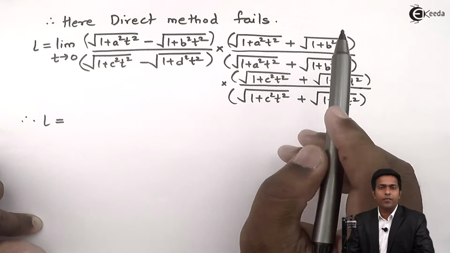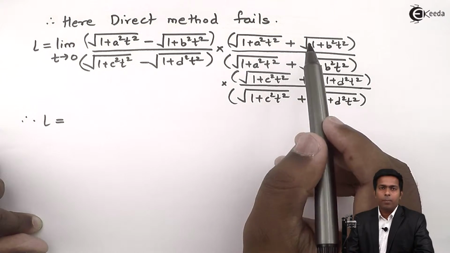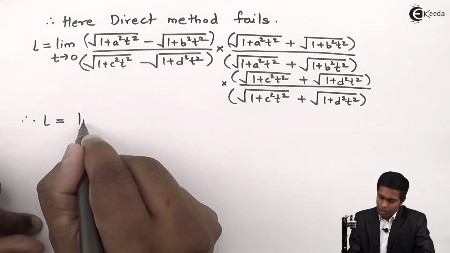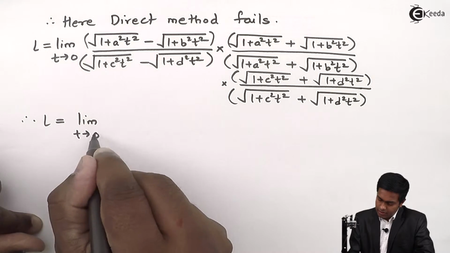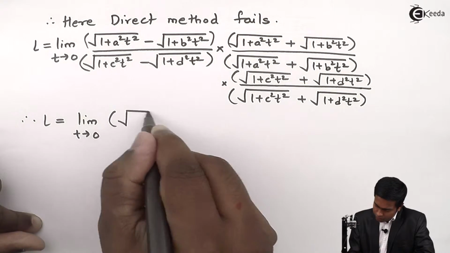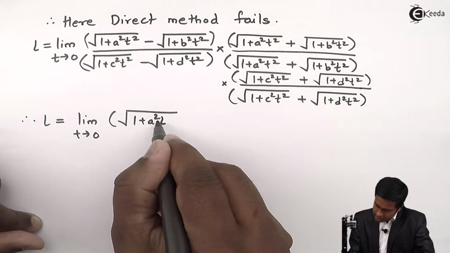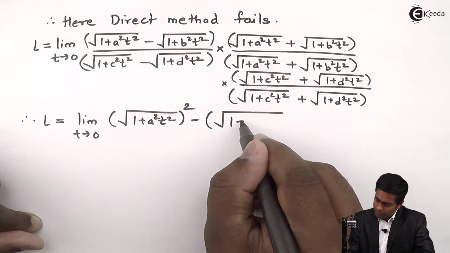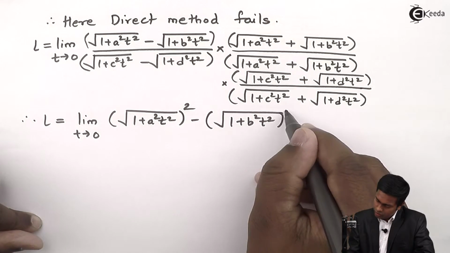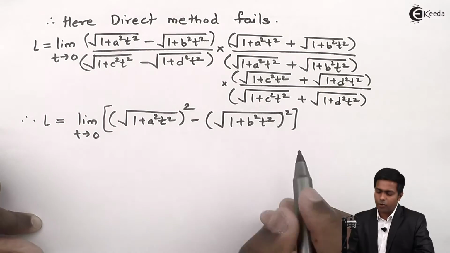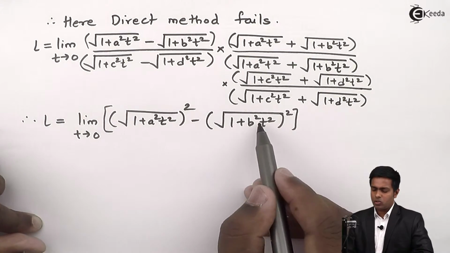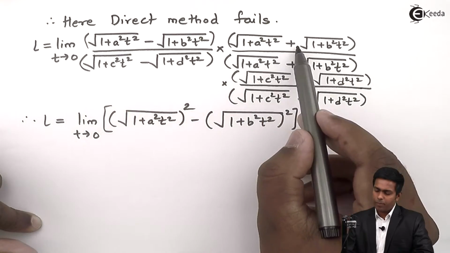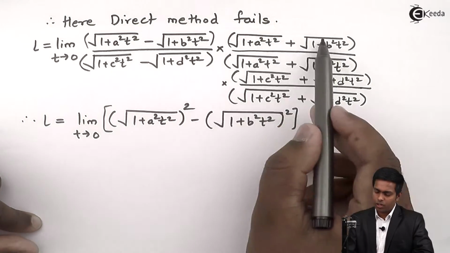So here I can apply the formula a square minus b square. So by the formula of a square minus b square we get square root of 1 plus a square t square, that is a whole square, minus square root of 1 plus b square t square the whole square. So here I have applied the formula a square minus b square equals a minus b into a plus b. So these two terms are covered.